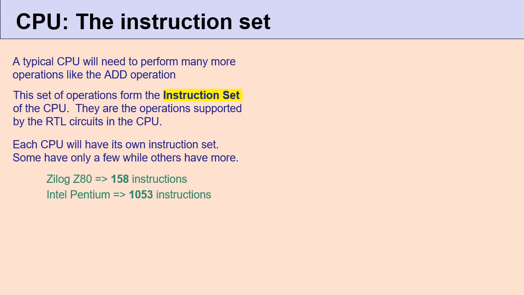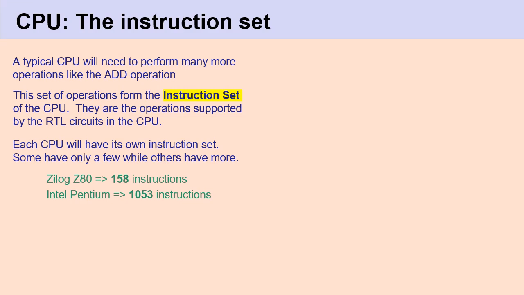Embedded CPUs like the Atmel processor, which you commonly find in the Arduino board, or the ARM processor that you commonly find in your mobile phones and also in the Raspberry Pi computer board, will also have their own set of instructions designed to support the type of work that they are expected to do.